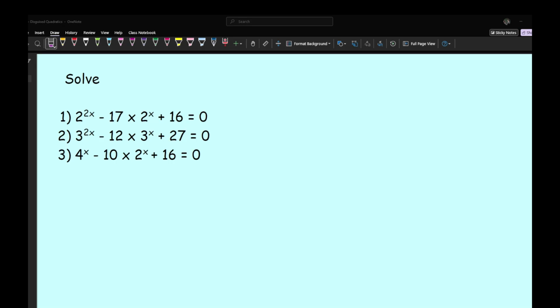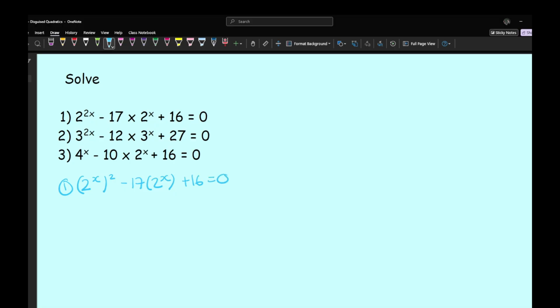So for question 1, we can rewrite this as (2 to the power of x) squared minus 17 times 2 to the x plus 16 equals 0.